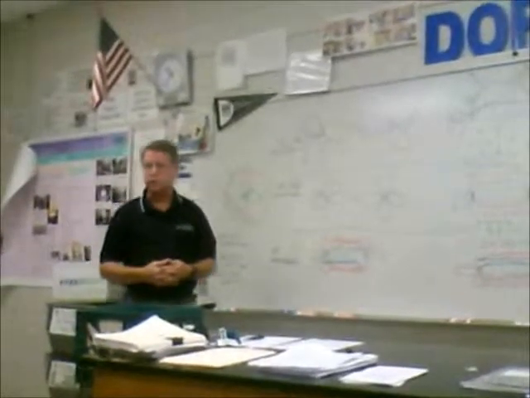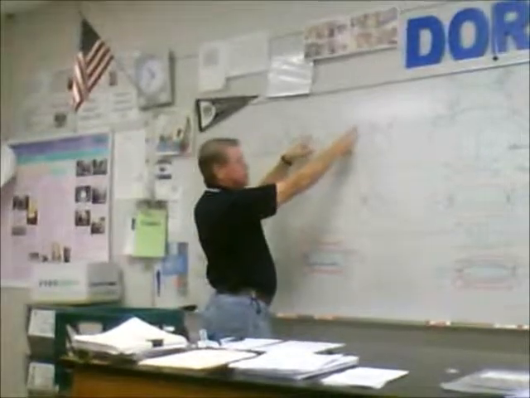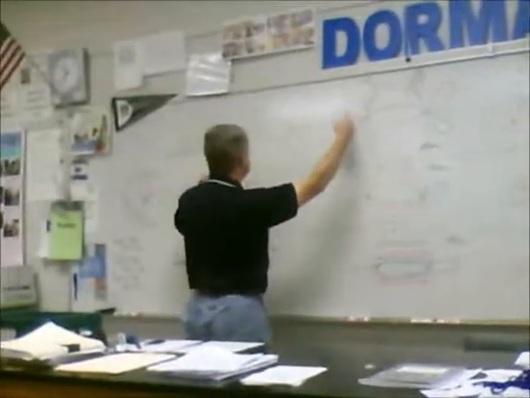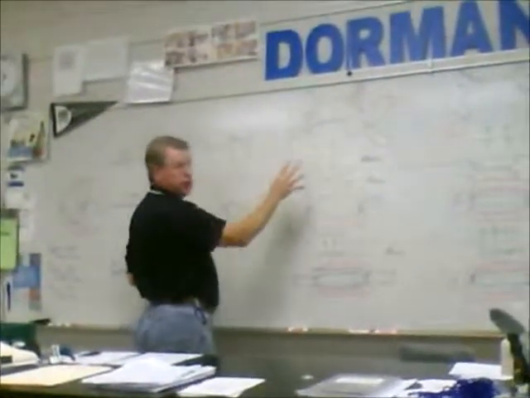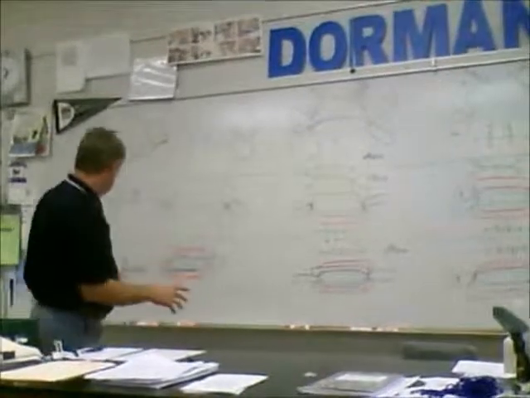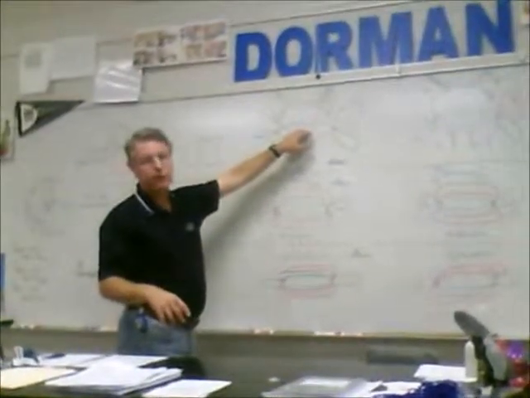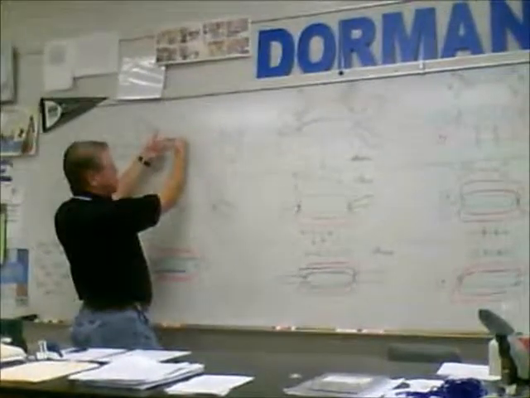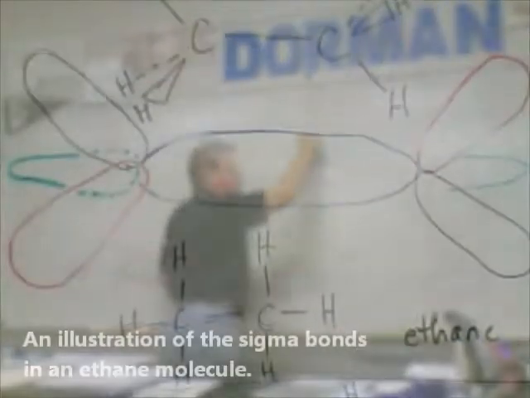When you share electrons, you do it in an orbital from each atom, and that shared orbital becomes a bond like this right here. So when they join together, they become a bond. So this is an ethane molecule. This is sp3. So Reese, this is one of the molecules one of your team is going to make. So this is the shared orbital that becomes this bond, and this is called a sigma bond.